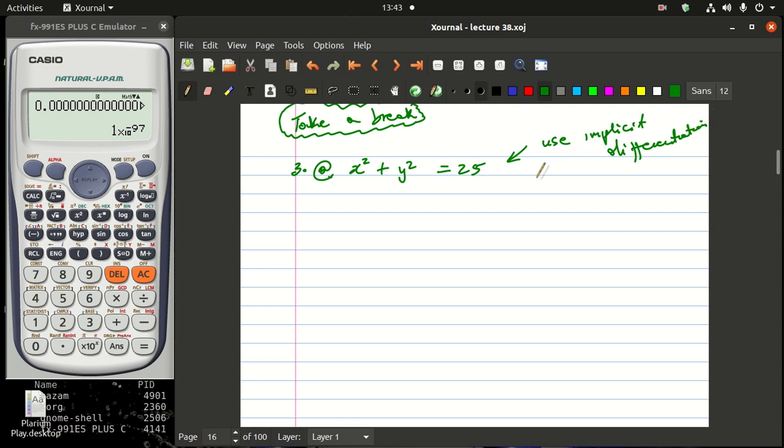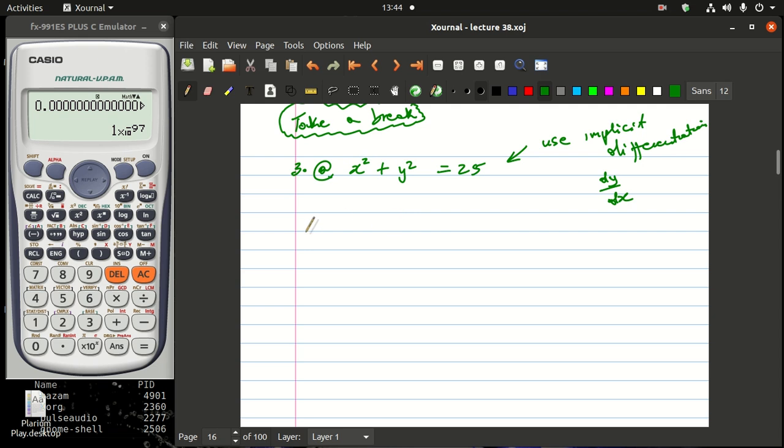So that was basically the question. Basically what implicit differentiation is saying, we wanted to find dy dx without making y the subject of the formula. That's the implicit differentiation.